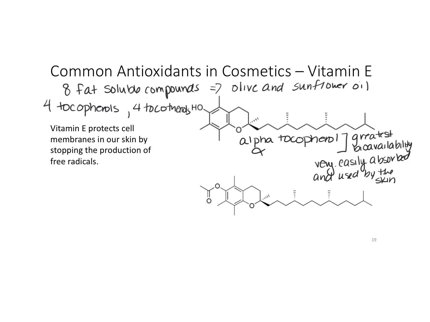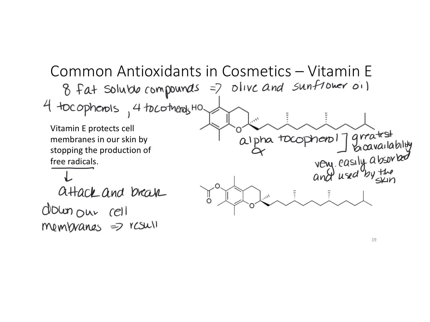Okay, so the free radicals here are what attack and break down our cell membranes, and that results in aging of the skin. I feel like I misspelled aging. Let me put that E in there.